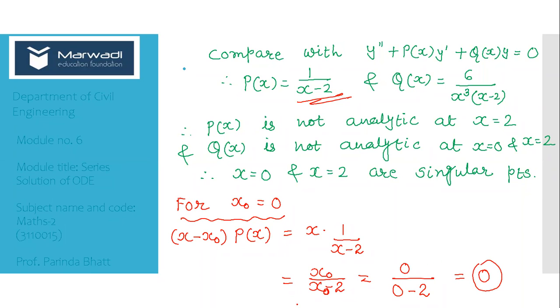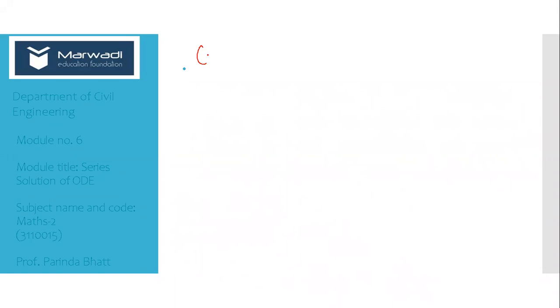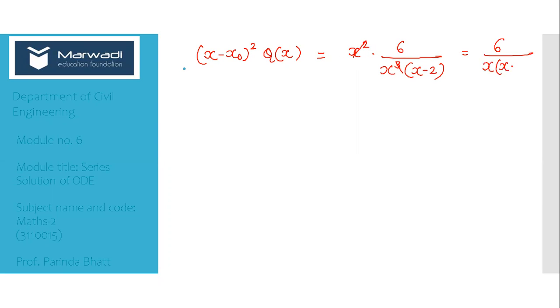Now the other condition, x minus x0 whole square times q of x. Kinjal, what is the value of q of x? 6 upon x cube into x minus 2. Therefore, first we simplify that, x square cancels. Remaining is 6 upon x (x minus 2). Now we apply in place of x, x0, and x0 here is 2.